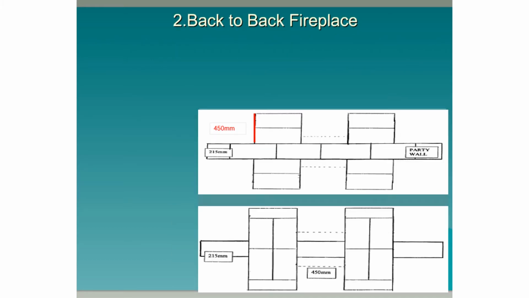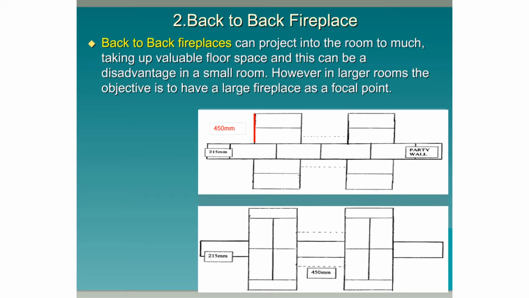A back-to-back fireplace. Back-to-back fireplaces can project into the room too much, taking up valuable floor space, and this can be a disadvantage in a small room. However, in larger rooms, the objective is to have a large fireplace as a focal point.